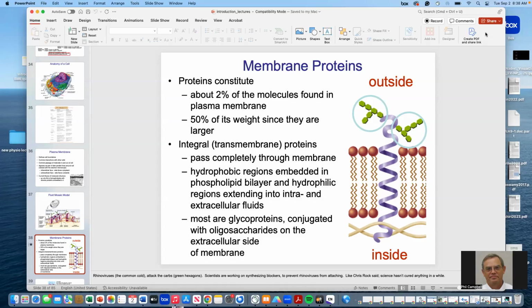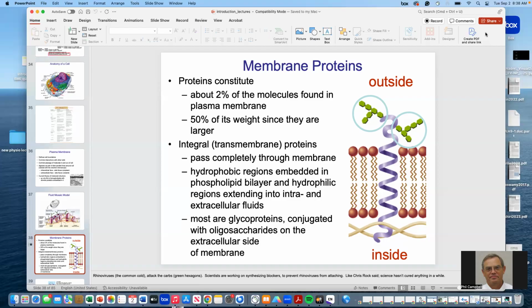So we have the integral ones, which I just talked about, where they are locked here because of the hydrophobicity here, but these are hydrophilic here. These can anchor to intracellular cytoskeletal elements. On the surface, they can bind to any number of things.